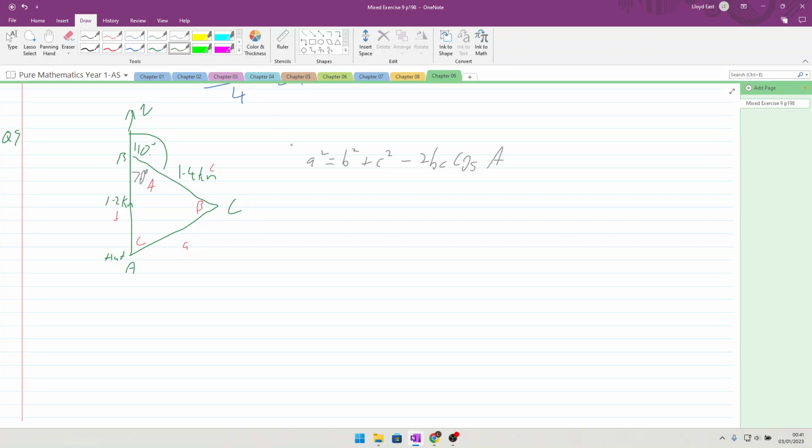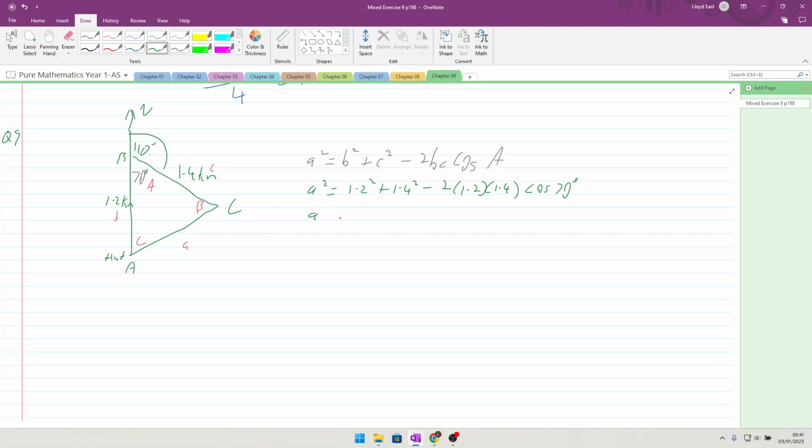With that in, we can start with a squared is equal to b squared, which is 1.2 squared, plus 1.4 squared minus 2 times 1.2 times 1.4, the cos of 70.